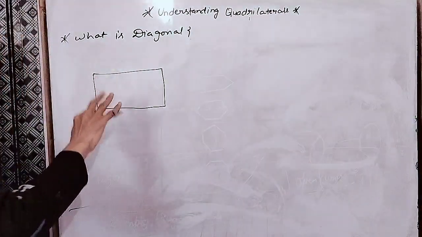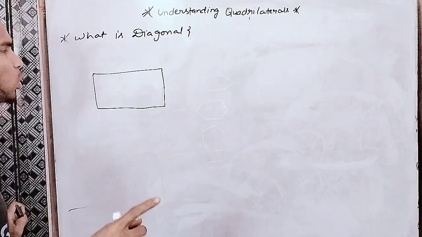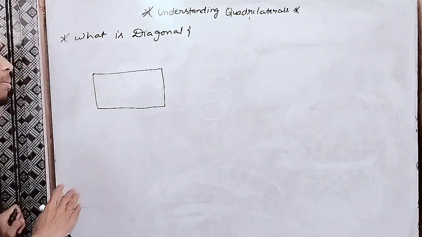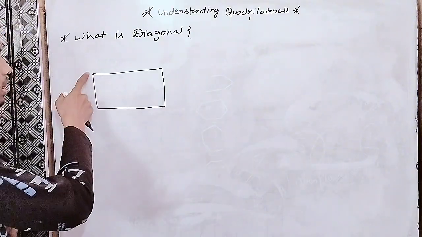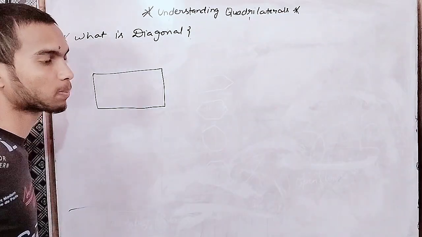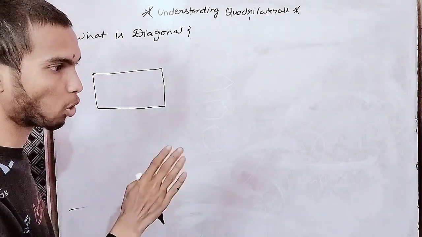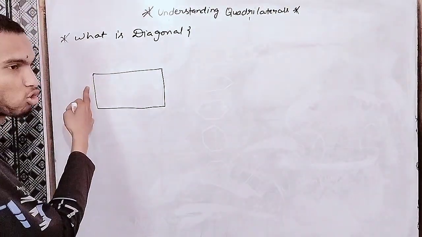A diagonal line segment will start from one vertex. I am saying vertex, which means points. This is a vertex, this is a vertex. This is the first line segment, and this is the second line segment.